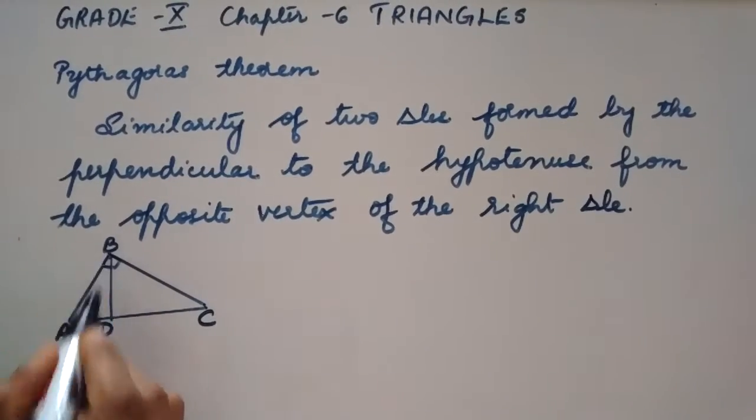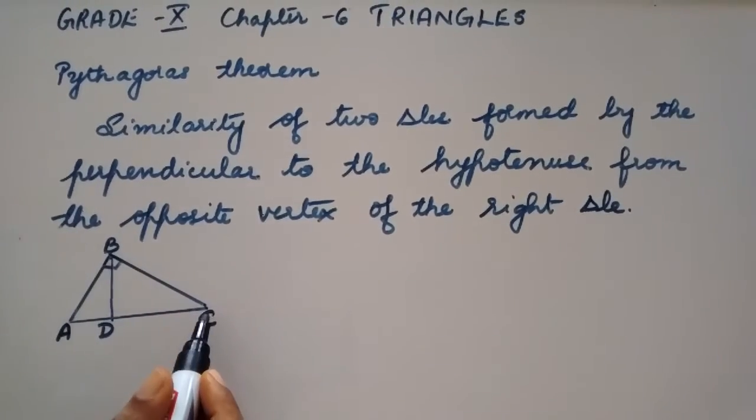So let BD be the perpendicular to the hypotenuse AC.